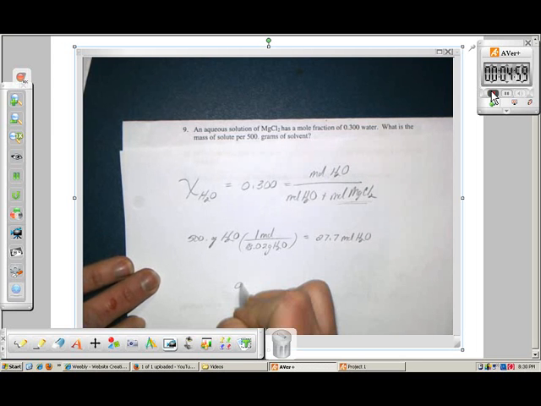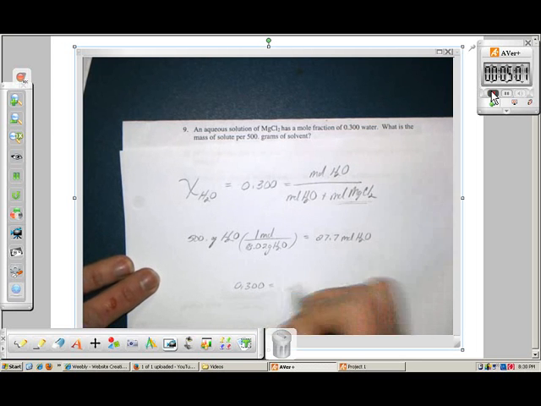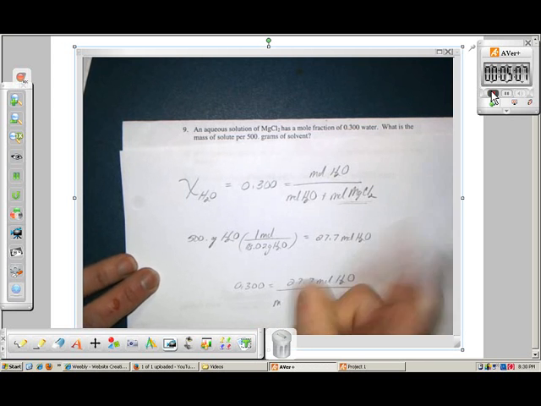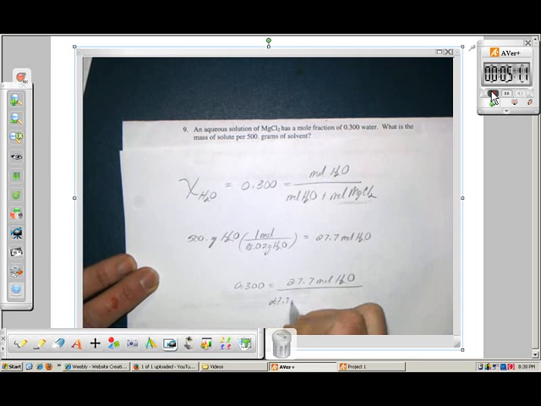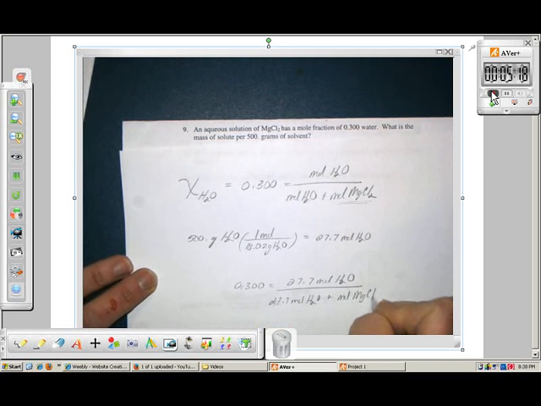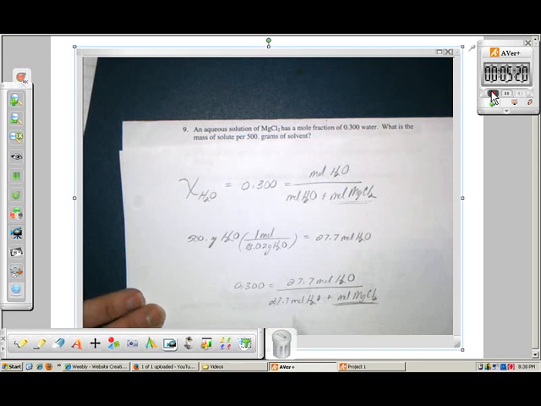Oh, and then look, inputting what I've just solved for. And then I can just find my moles of magnesium chloride and then rearrange the equation.